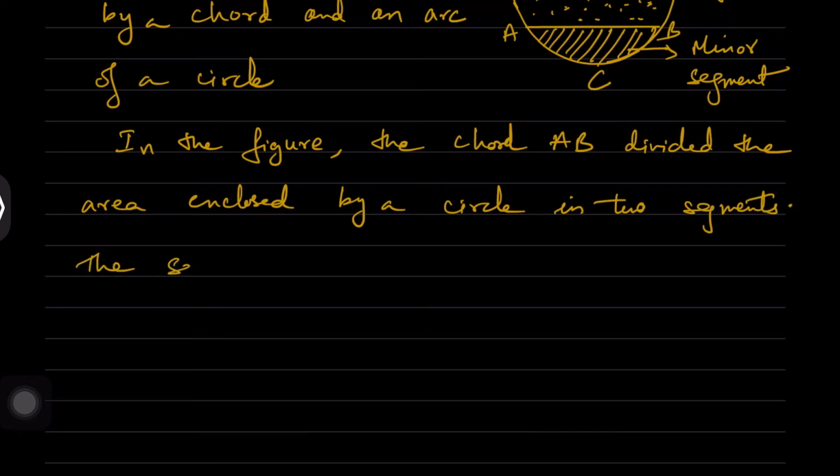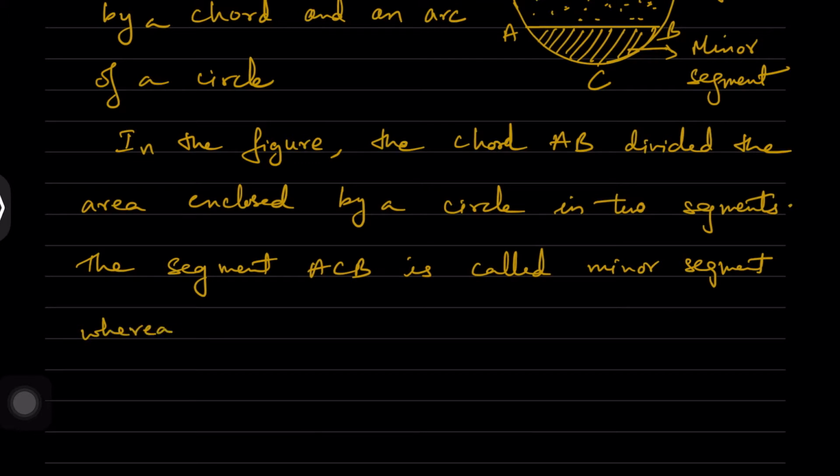The segment ACB is called the minor segment, whereas segment ADB is called the major segment.